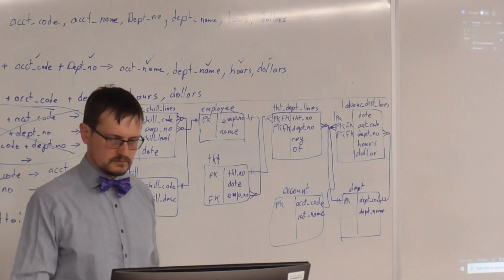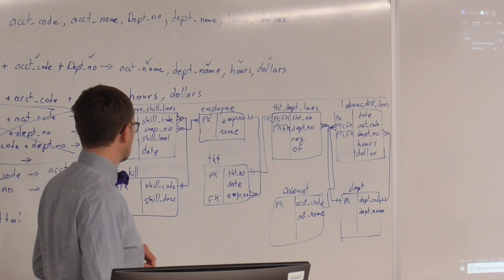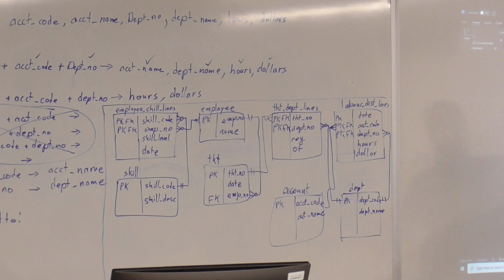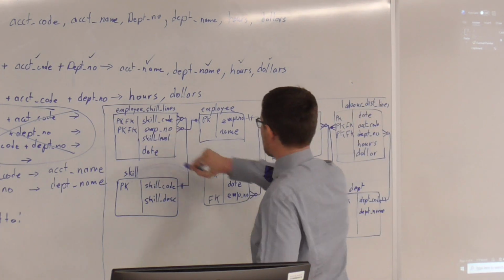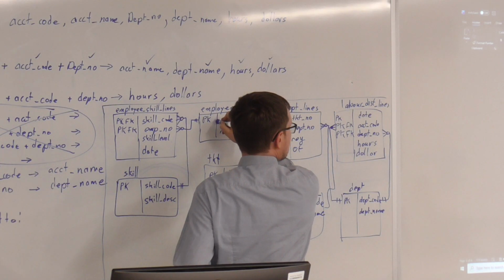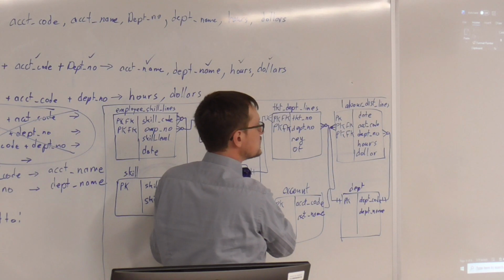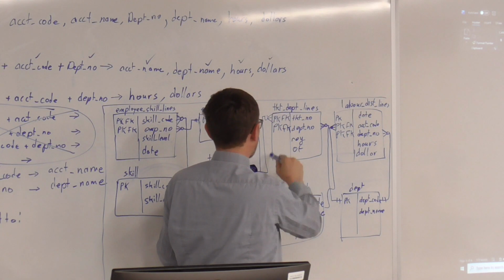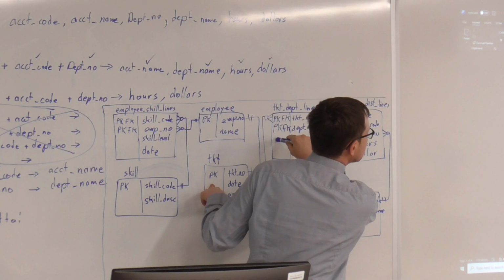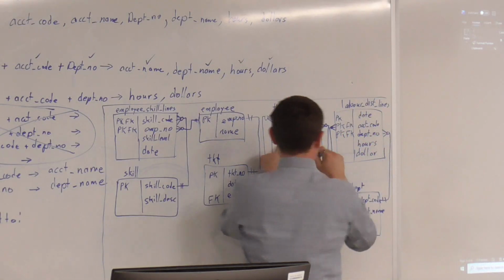See, this is much better laid out. So, skill goes to employee skill. Employee skill goes to employee. Employee goes to ticket. Ticket goes to ticket detail, I called it ticket department lines, this is called ticket detail, weird name.